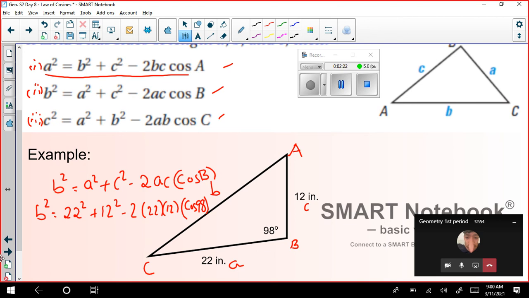So 22 square plus, sorry, minus 2 times 22 times 12 times cos 98, right? Let me use parentheses a little more to be better: 2 times 22 times 12 times cos 98.